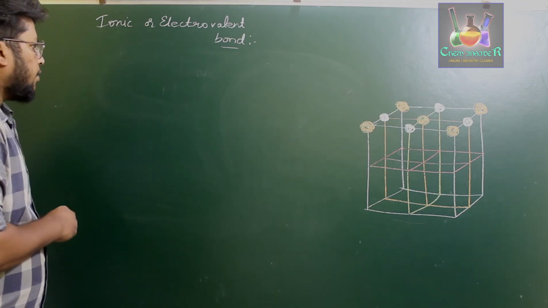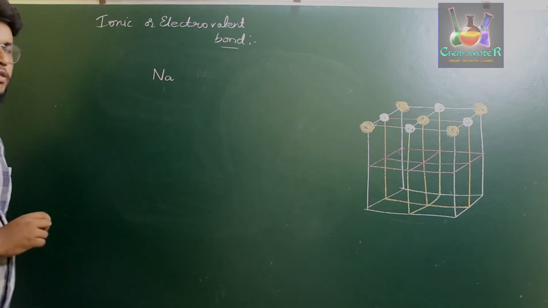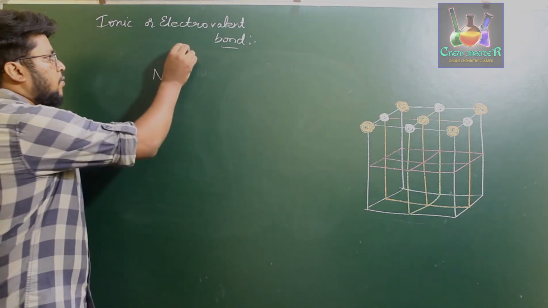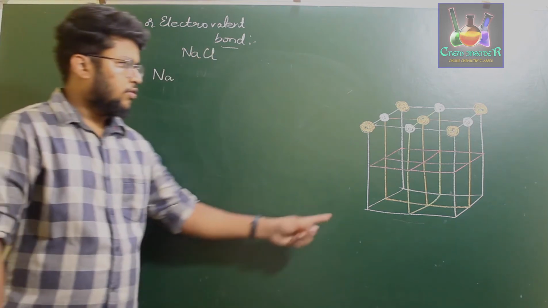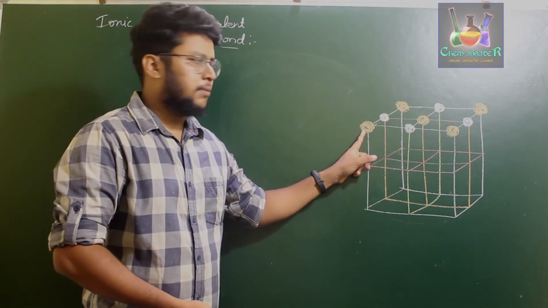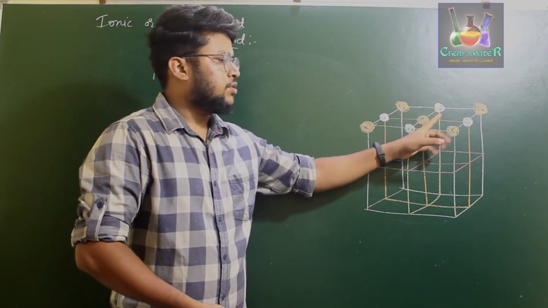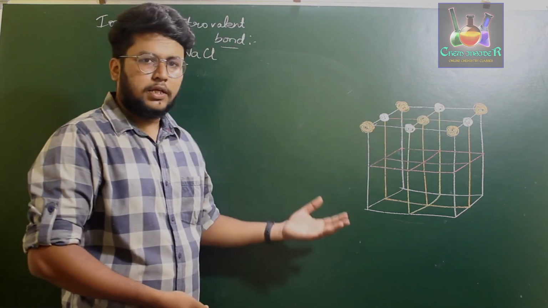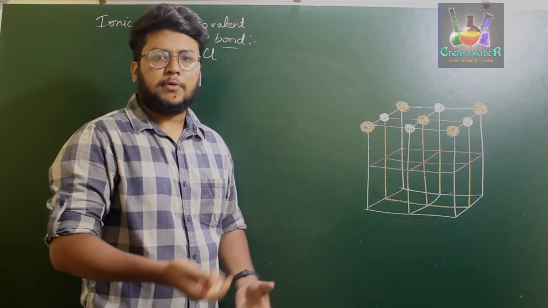Now, if you consider the sodium atom in the sodium chloride compound, the structure which I have drawn over here is a lattice structure where orange denotes the sodium atom and white denotes the chlorine atom. So this is how we are going to arrange sodium chloride, and several other compounds like zinc sulfide or cesium chloride will have a different type of geometry.